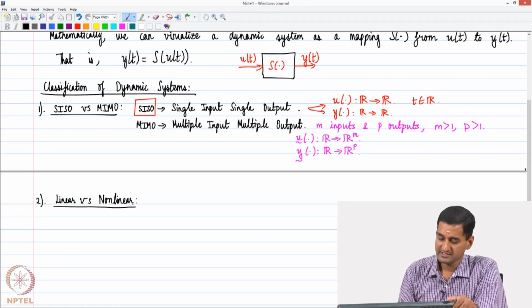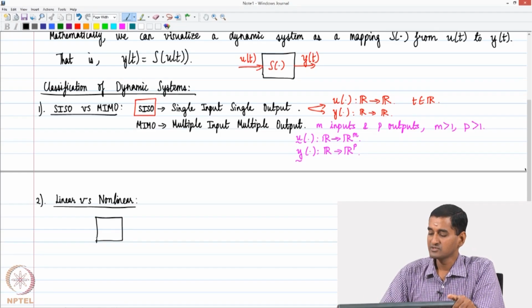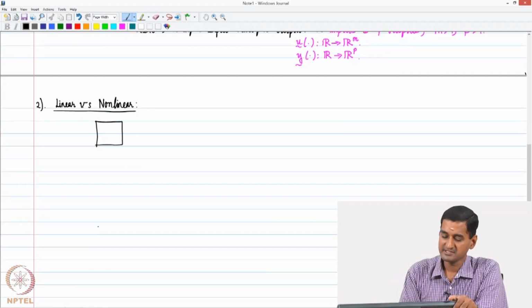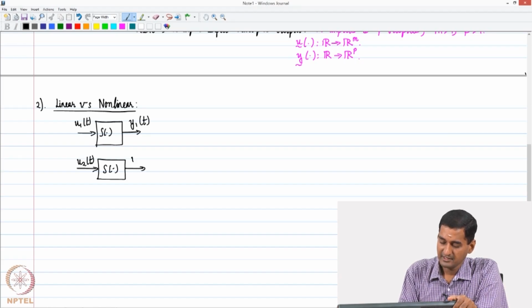So what do we mean by this, right? Let us look at the definition of linearity shortly, right. So, let us say we have a system, and let us say we provide an input u1 of t and we get an output y1 of t, and to the same system, let us say we provide an input u2 of t and we get an output y2 of t.